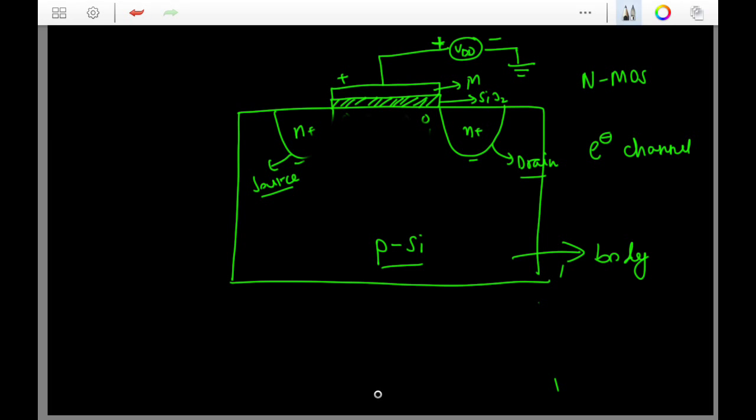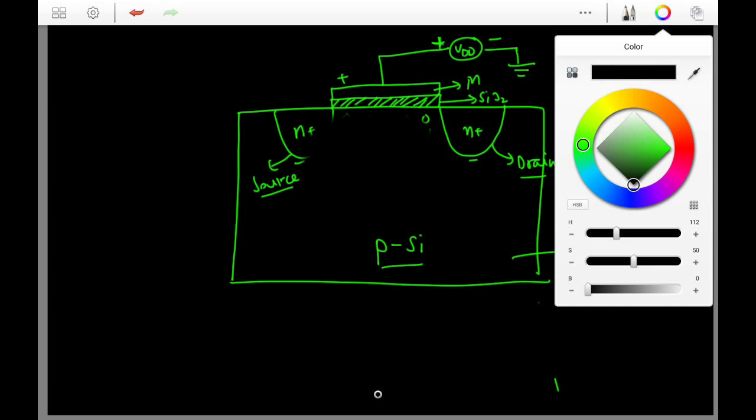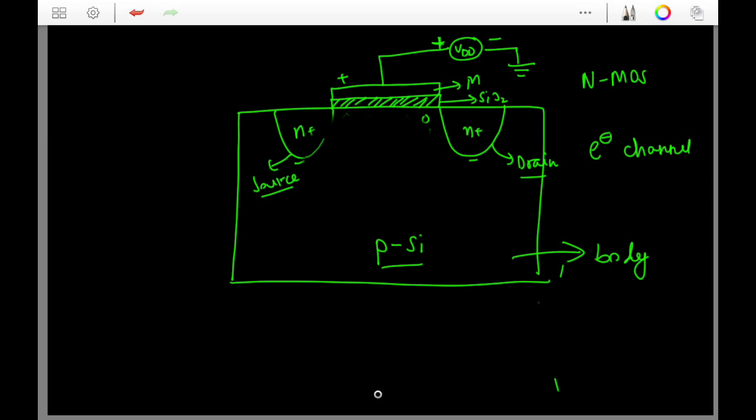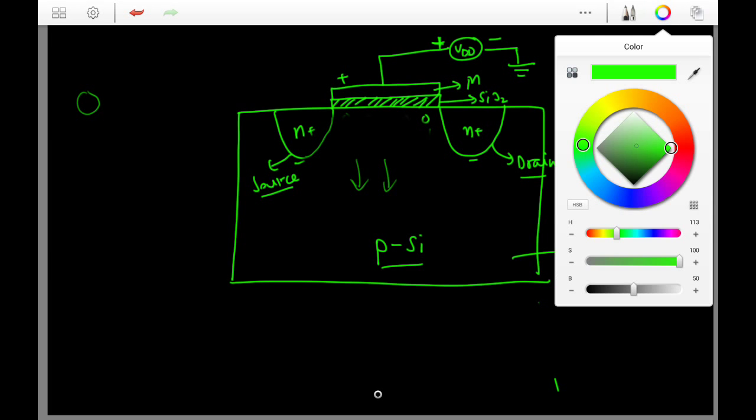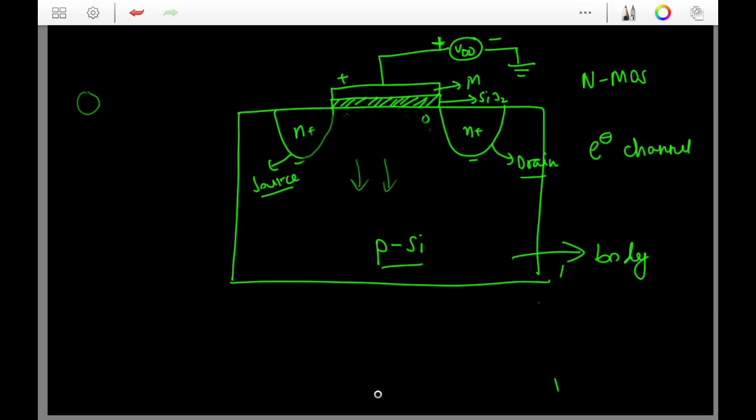You know what I mean, right? So these holes start moving downwards, because they get repelled by the field. Now what's left is, the basic structure of a P-type semiconductor has an acceptor ion, of an element like boron or aluminum.